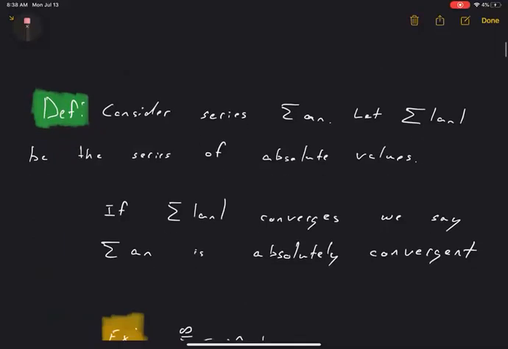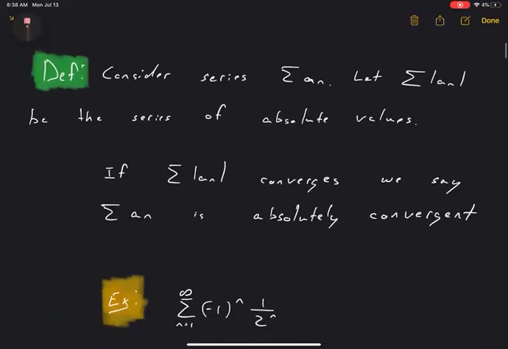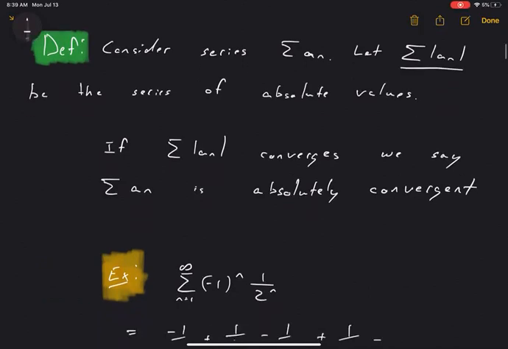Let's give a definition, and then we'll loop back to why we're doing all this. Let's consider a series a_n. Maybe this series has some negative terms, maybe it doesn't. We can consider the series of absolute values. If this series of absolute values converges, then we say the original series is absolutely convergent.